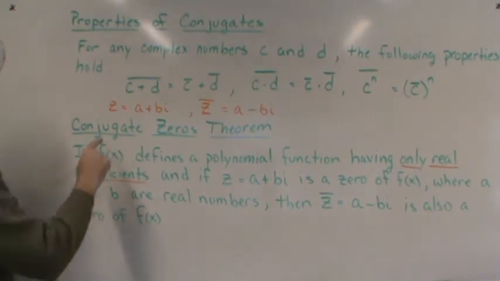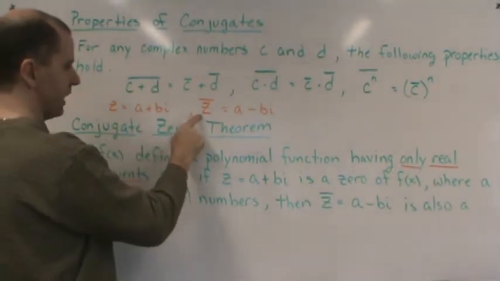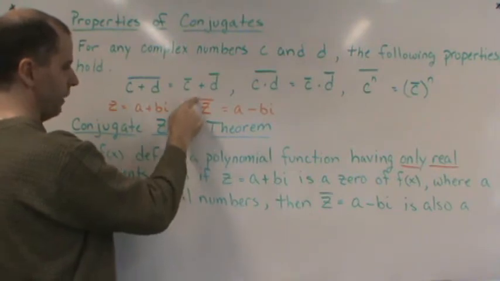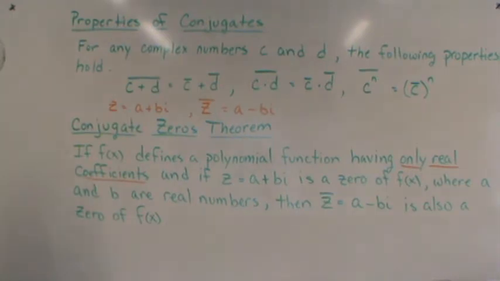So if z is this complex number, then we represent the conjugate by the bar over it. That's just a little bit of notation.